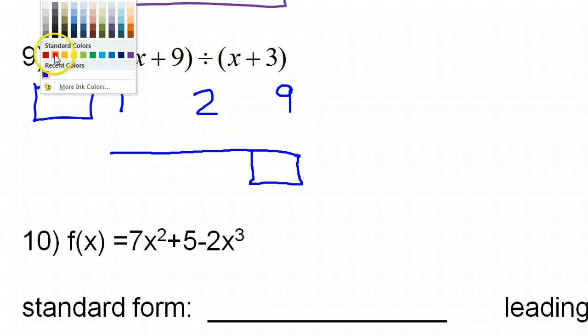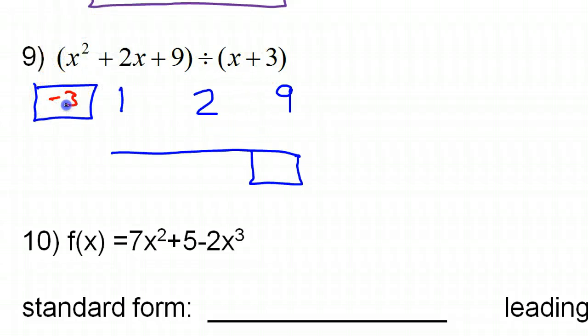And inside the box I will have -3, from setting that equal to 0 and solving. Now, the first number, you just bring it down. So 1 times -3 is -3. Add these together, and you get -1. -1 times -3 is +3. Add these together, and you get 12. This 12 is the remainder.